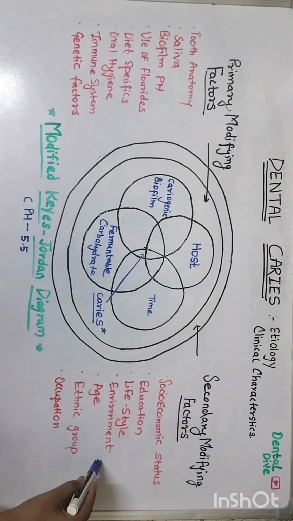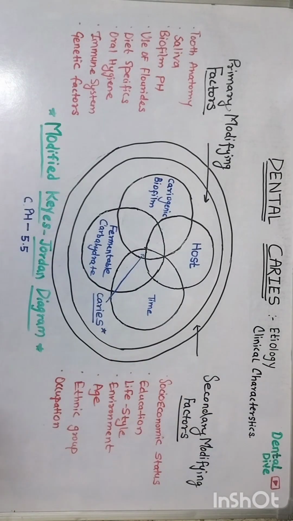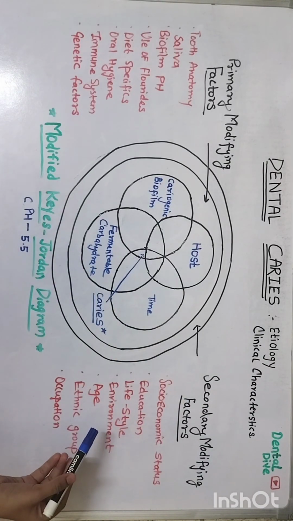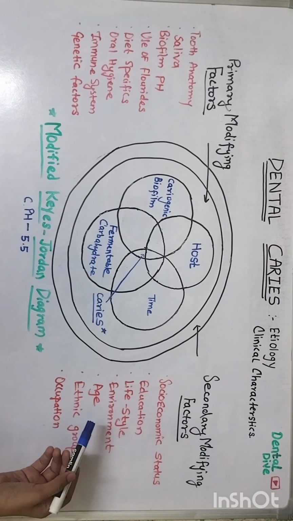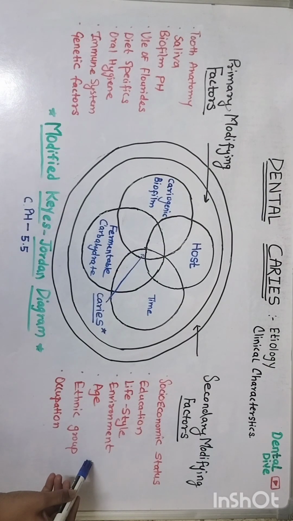If the environment is too acidic or the external environment. Age also plays an important role in dental caries. With age, the collagen and vitality start to decrease, which will result in dental caries. The occupation. There are many diseases which are related to the occupation of the patient.